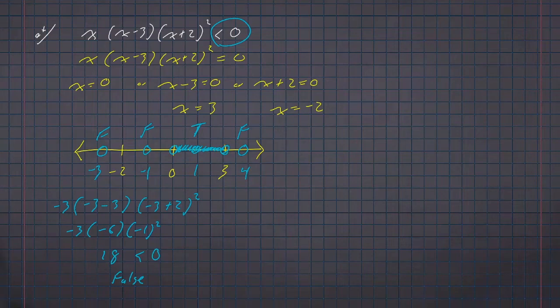Points that you do not want to include, you use a parenthesis, an open bracket. So not including 0, but everything after 0 to 3, and not including 3 is the solution set to this polynomial inequality given in interval notation.